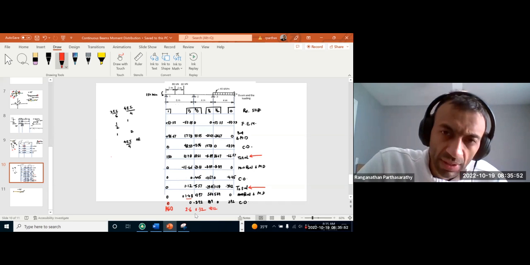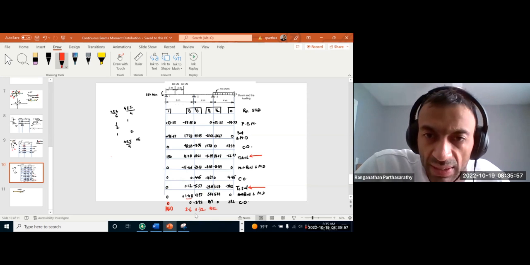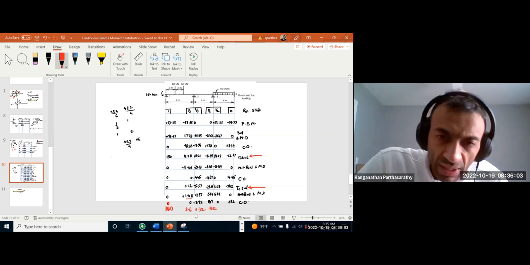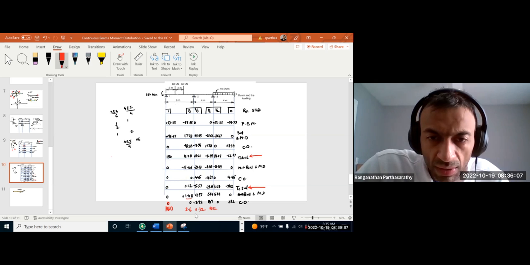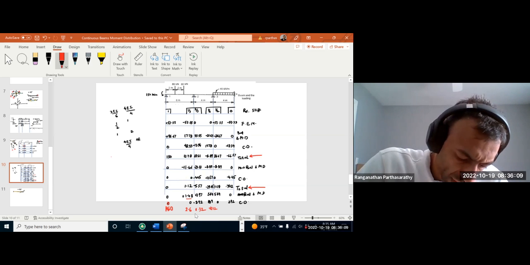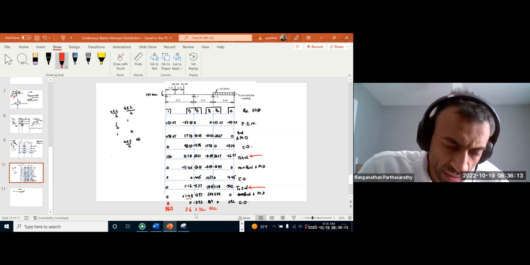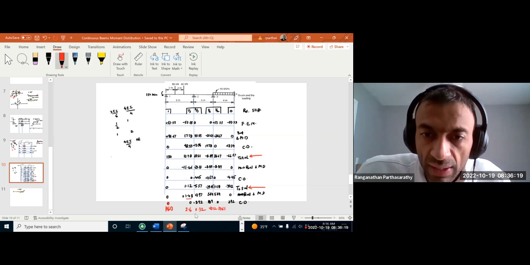On this side 53.33, minus 26.67, minus 8.89, plus 5.84, positive 23.61.